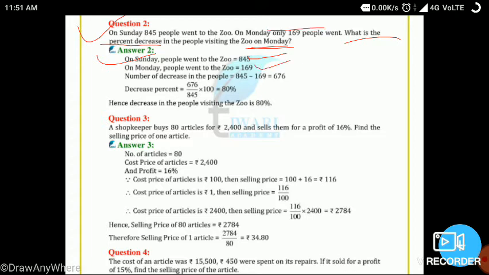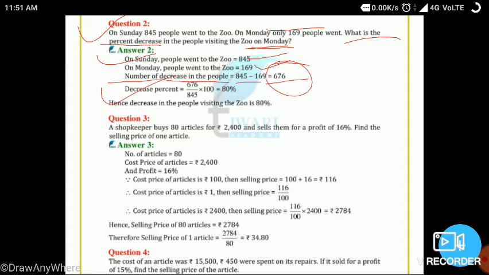Okay, understood? So from these two pieces of information we can find the difference between the number of people who went on these two days. So the decrease in the number of people is equal to 845 minus 169, which is 676, right? And with these numbers we'll get the decrease in percentage.